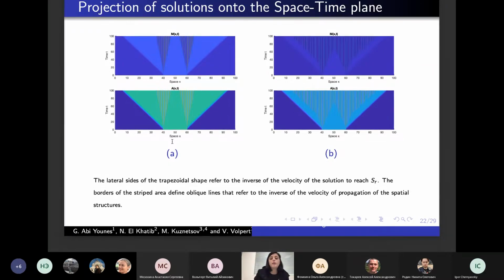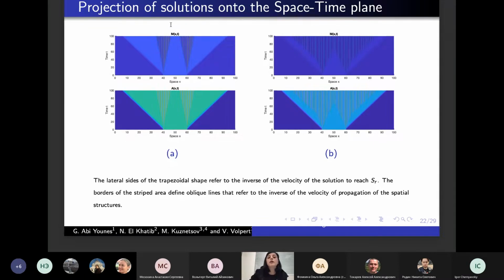Now, we have two different figures, A and B. In B, it is the same, but here we have a greater R, so a higher chemotactic activity. We can see that this line remains the same if we compare M to M and A to A. So the velocity of the propagation of the solution towards SR remains the same.